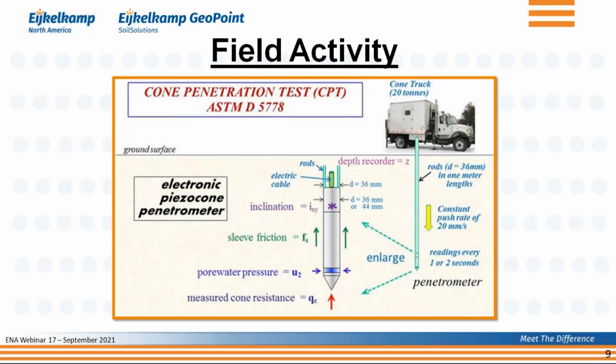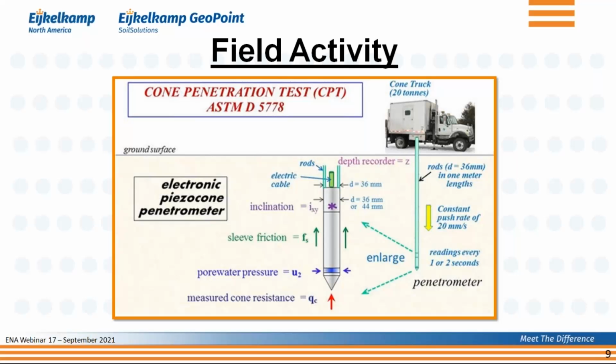The most important thing is that it goes at a constant speed, and at that cone we measure the tip resistance, the red arrow, the sleeve friction, the green arrows, and then the dynamic pore water pressure. Not necessarily the pore water pressure itself, because as the cone moves into the ground, you create a dynamic effect, and the dynamic effect results in you measuring the dynamic pore water pressure, and we'll come to that again a little bit later.